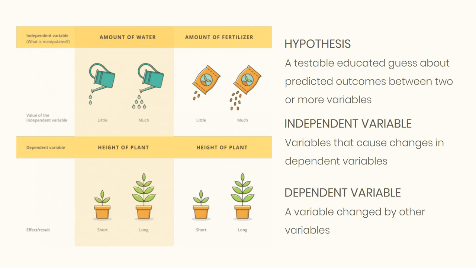So as you can see, height of the plant as a dependent variable depends on the amount of water and or the amount of fertilizer that the plants get. So in this case, we have 2 independent variables, the amount of water and amount of fertilizer. And we have 1 dependent variable, which is the height of the plant. Again, the height of the plant depends on, in this case, in our study, we're looking at amount of water and amount of fertilizer.